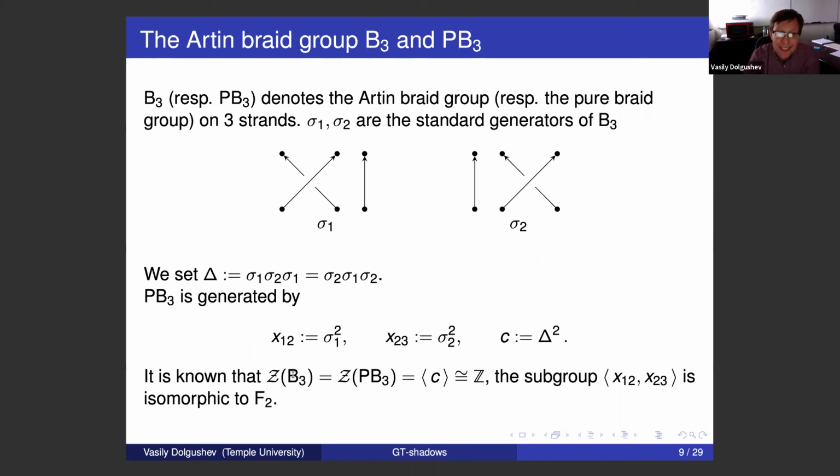Then it is known that the center of B3 coincides with the center of PB3, and it's the infinite cyclic group generated by C. And then X1,2 and X2,3 generate a free subgroup inside PB3. In fact, PB3 is just the direct product of F2 and its center.